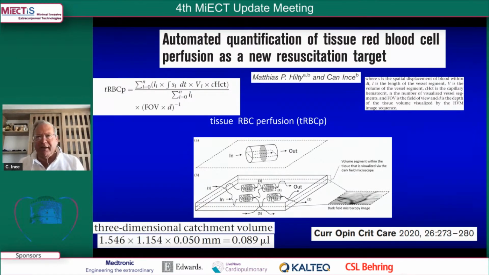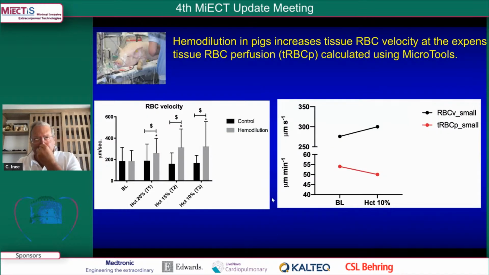So we combine the diffusion and the convection components into one parameter as a new resuscitation target. We call this tissue red blood cell perfusion. As you can see here in this animal experiment, if you continue to do extreme hemodilution, the viscosity of the blood gets lower and lower, and the velocity starts to increase.